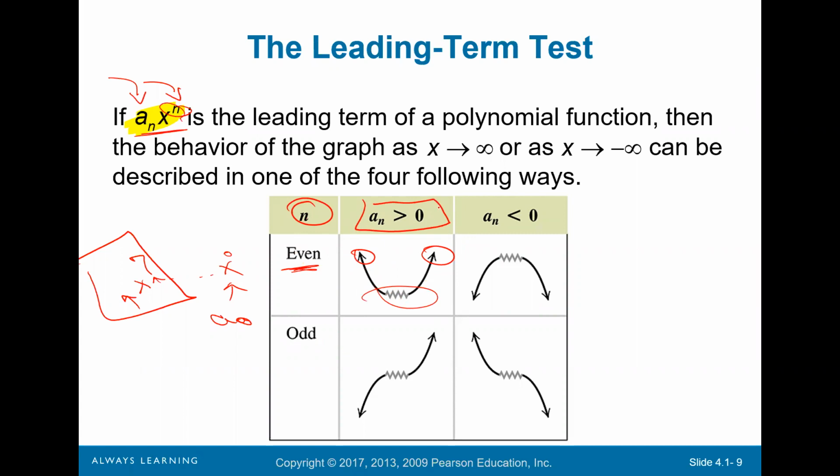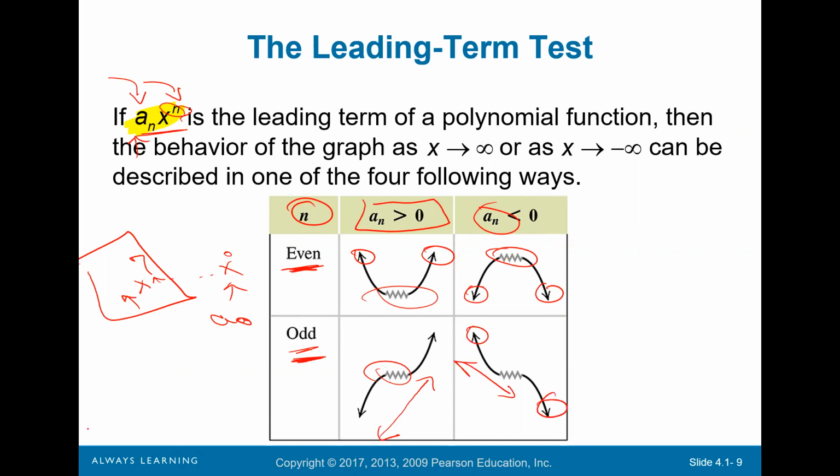If a is greater than 0, but n is odd, then it's going to have this increasing effect from left to right, something going on in the middle. If my a, this leading coefficient, is less than 0, but n is even, then it's going to be flipped, right? Both sides are going to go down, and something going on in the middle. If it's odd, then it's going to decrease from left to right, which makes sense.